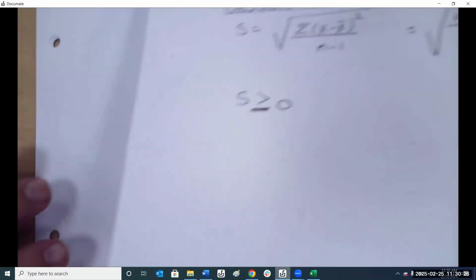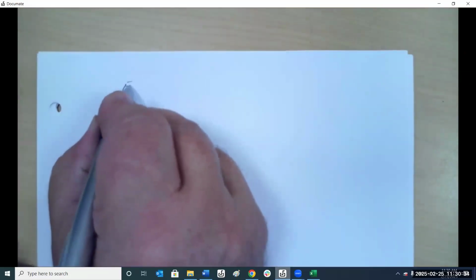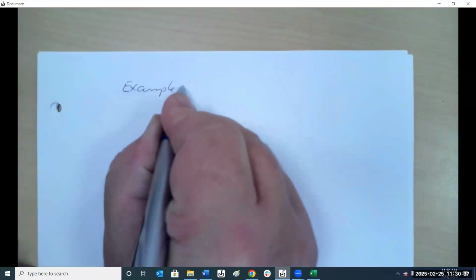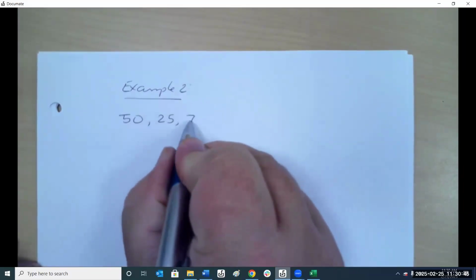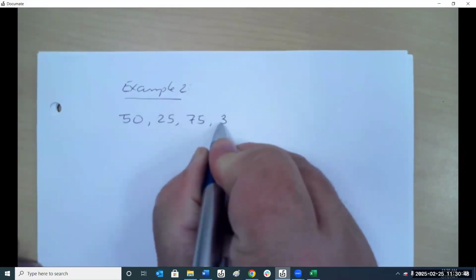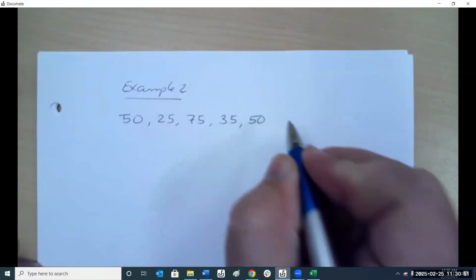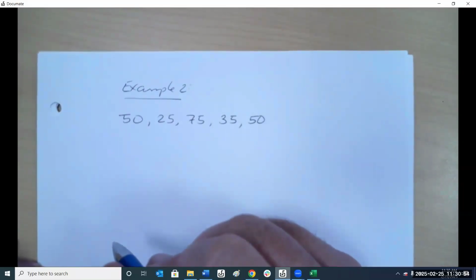So let's look at how we do this calculation. Let's use this set here, the same one we've been using. I'll use this because I want to show you how to do this manually first, because you're always going to use a computer or calculator to do these for you anyway.